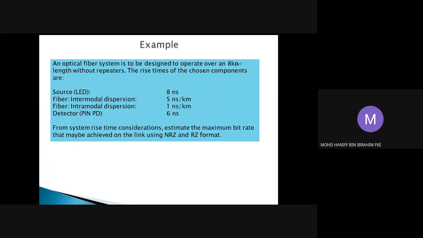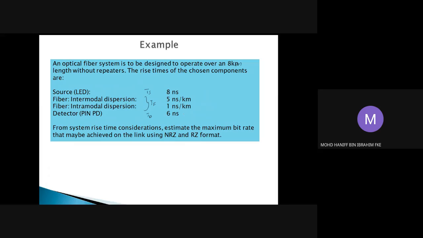The LED has a rise time, Ts, of 8 nanoseconds. For the fiber, we have two dispersions, intermodal and intramodal, and we believe this is a multimode fiber, so the fiber rise time consists of two components. And for the detector, the rise time of the PIN photodiode is 6 nanoseconds.